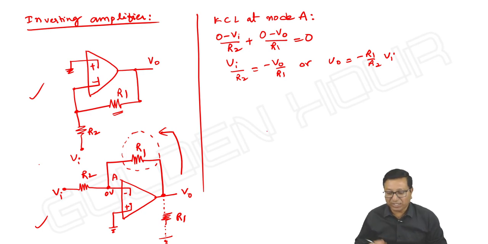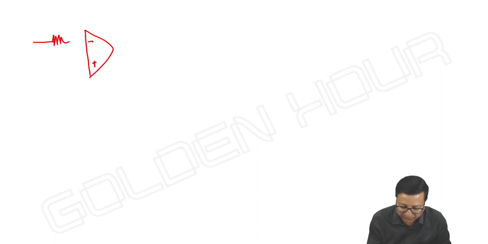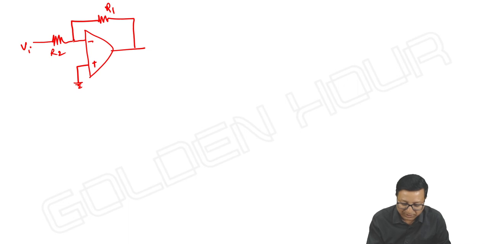For better understanding, what I am doing is I am redrawing the same circuit. Now I am not showing the infinite input impedance between inverting and non-inverting terminals. Doesn't matter. R1, R2, Vi, and the non-inverting terminal is connected to ground. Due to virtual short, this is 0 volts.